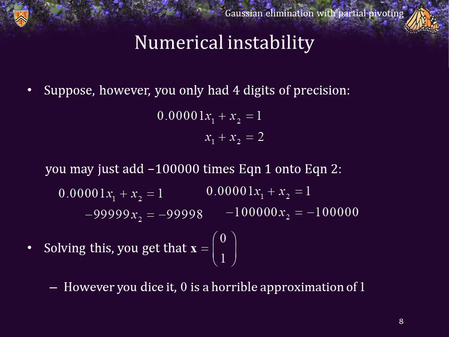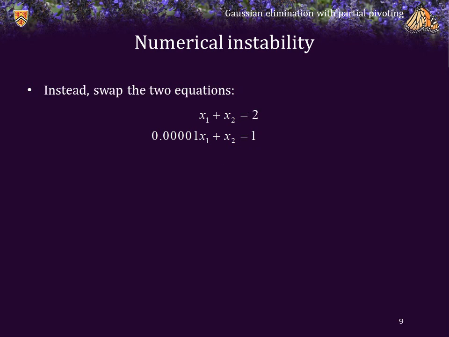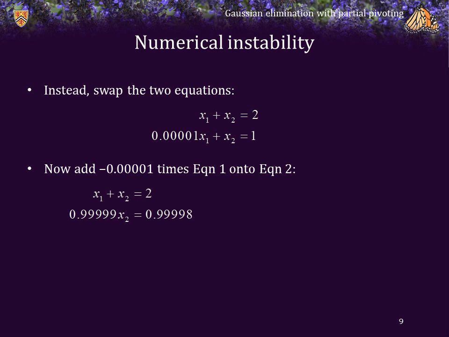All right, is there some hope? Well, suppose we swapped the two equations. Well, if we now swap the two equations, we would now add negative 0.00001 times equation 1 onto equation 2. This gives us the solution we see here.